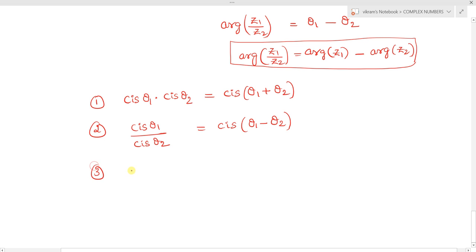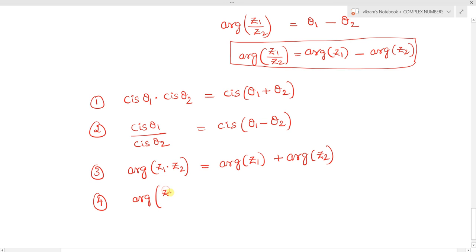Applying the argument, the argument of z1 into z2 equals the argument of z1 plus the argument of z2. Next, the argument of z1 by z2 equals the argument of z1 minus the argument of z2. These are the properties we learned in this lecture.